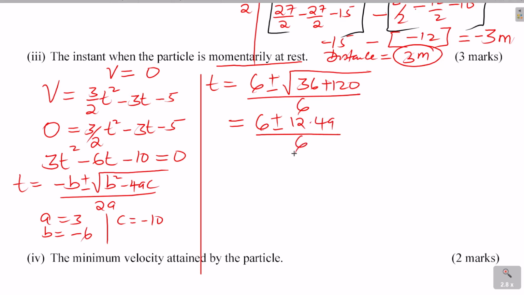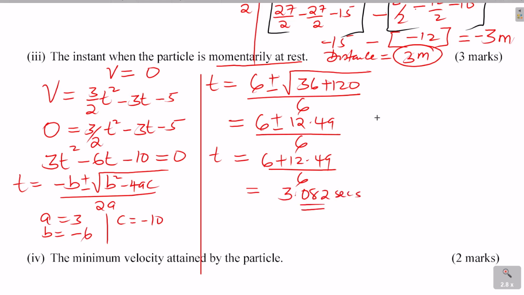divided by 6, and so this will give the first value of t. The first value of t, we're going to take 6 plus 12.49 divided by 6. Just take the positive, and in this case t will be given by 3.082 seconds.